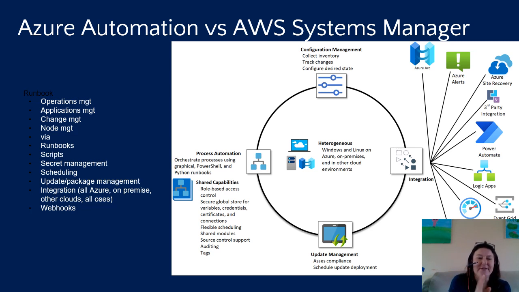So in this case, these are pretty similar systems. I think Azure Automation is a little bit better than AWS Systems Manager, but they provide similar functionality. Scheduling, secret management, runbooks, scripts, change management, and so on.